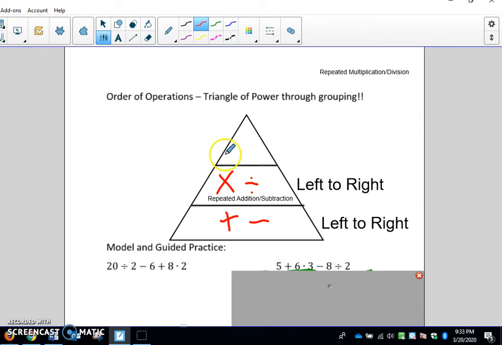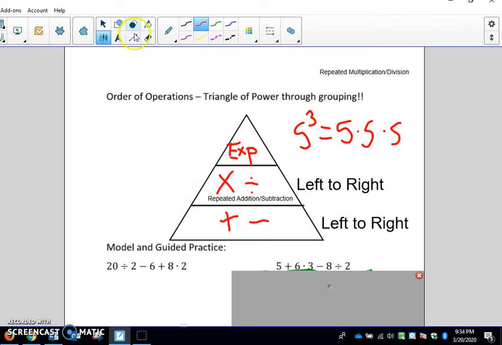And then lastly, it leaves us with this top part, which is exponents. If you remember exponents from one of the last things that we did before we left, taking 5 to the 3rd power is really like saying 5 times 5 times 5. That is not the same as 5 times 3. That's regular multiplication.